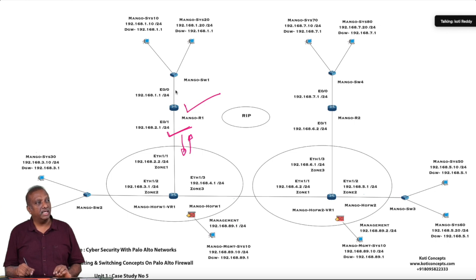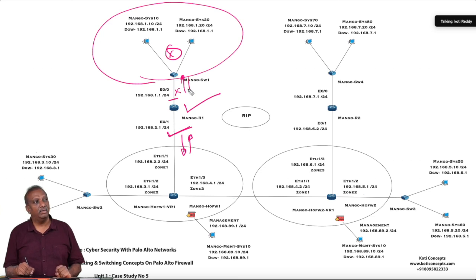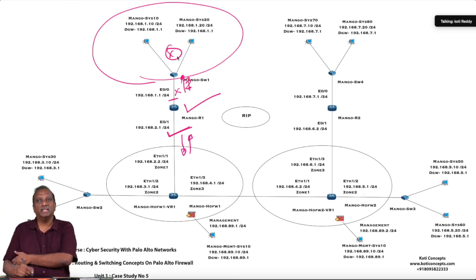This interface is connected to a switch here, some systems are there. There's no router here. If there's no router here, why should I unnecessarily enable RIP on this interface and keep sending the updates every 30 seconds? Not required, right? I'll be flooding this network unnecessarily with RIP updates. So I don't want to enable it on this interface.